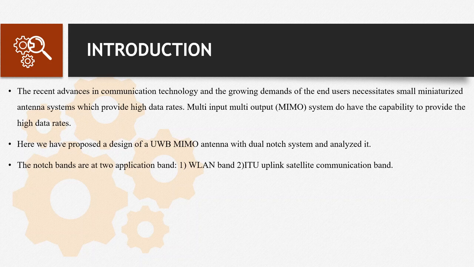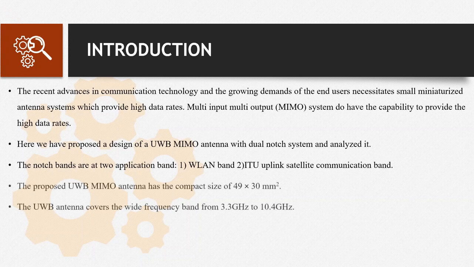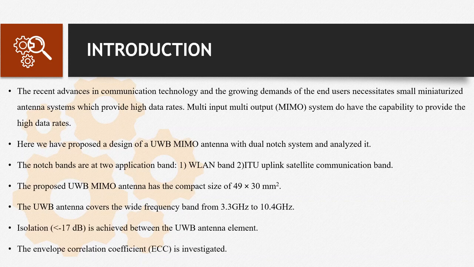Ultra-wideband MIMO technology enables operation over a wide band, thus increasing the channel capacity. Here the specifications of our design are provided: the notch applications, the size, the bandwidth and the isolation of the MIMO antenna.